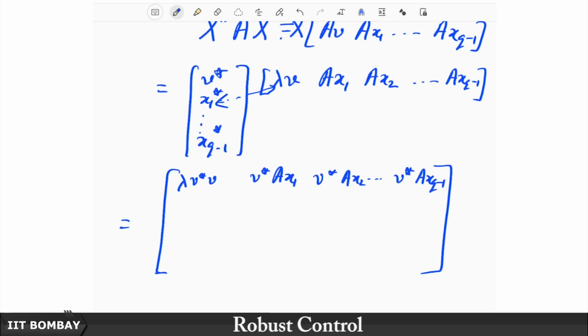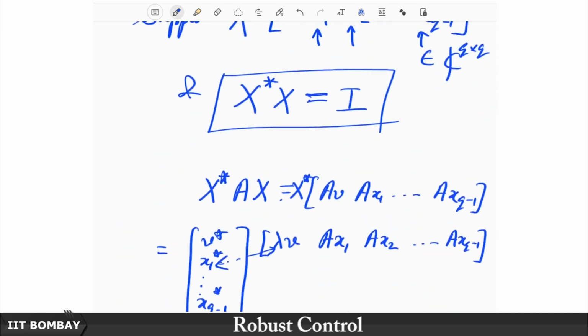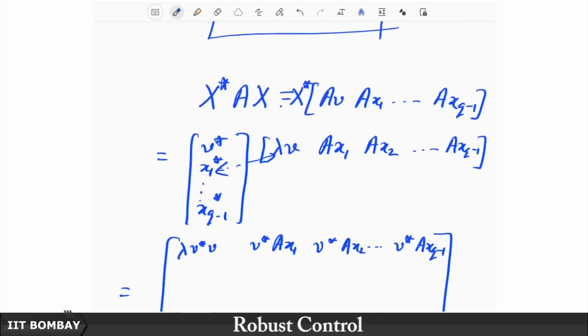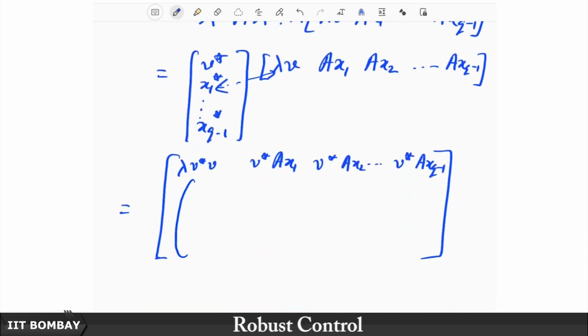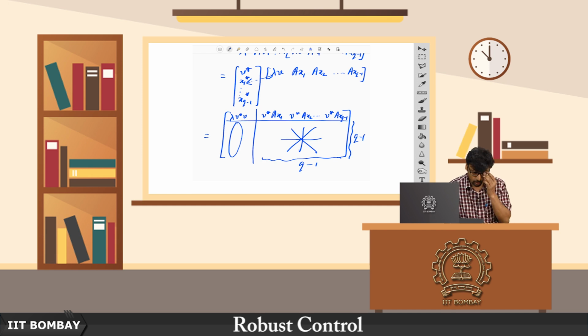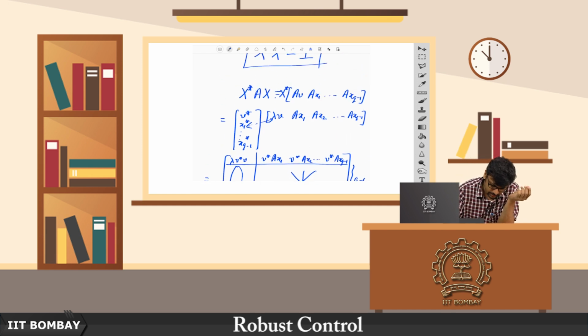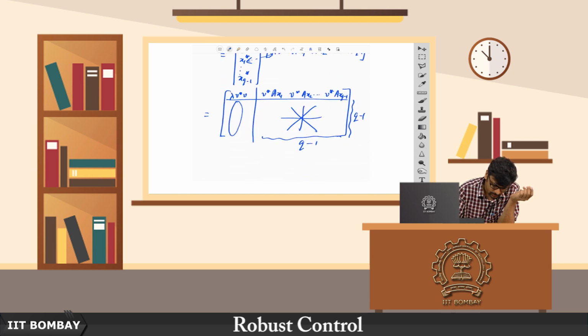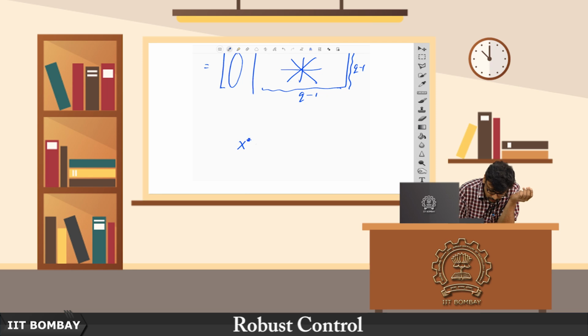So, x1 star V is 0, because you know x is an orthonormal or rather a unitary matrix, right. So, this is all zeros, all of these will be zeros, and as for this part I really do not care what happens here. But remember that this has a size q minus 1 times q minus 1, and more importantly you notice that if I look at this x transpose Ax and if I take its conjugate transpose, what do I get?